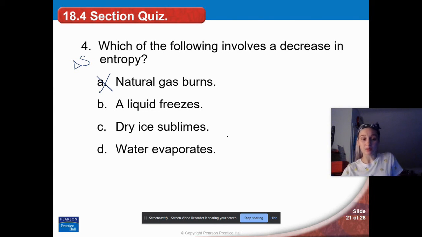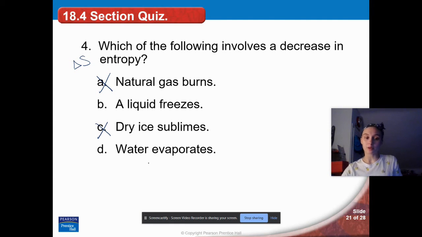Dry ice subliming: subliming is when you go from solid directly into a gas. You don't even touch the liquid phase. Going from a solid to a gas is an increase in entropy because solids have less entropy than gas. So we're going from less disorder to more disorder, increasing entropy. So we know that's not correct.